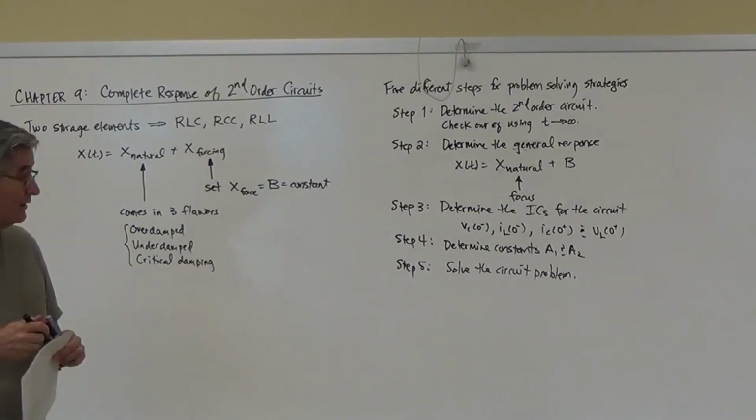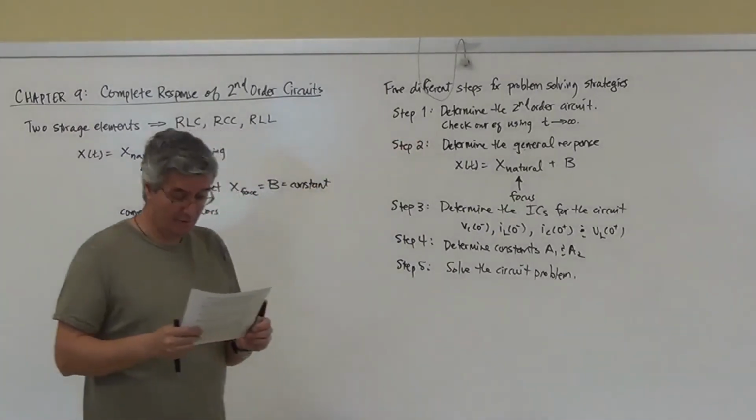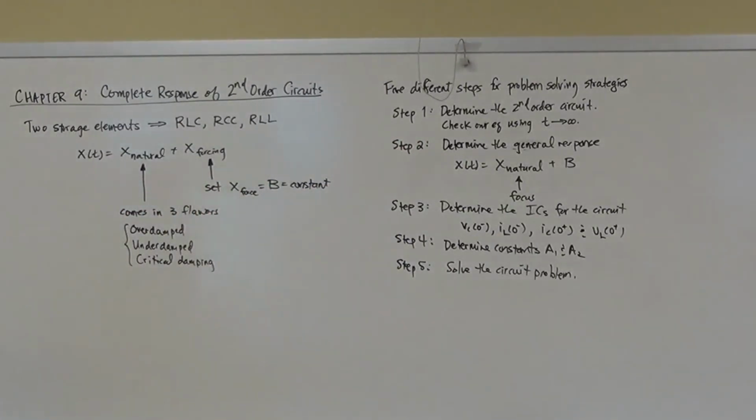I'm going to go through step 1 right here, and step 1 has like five steps all by itself. On my equation sheet, the very first step just says derive second order equation. I don't give you these steps.